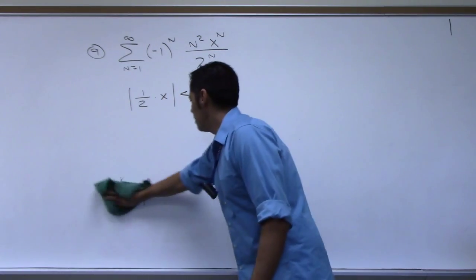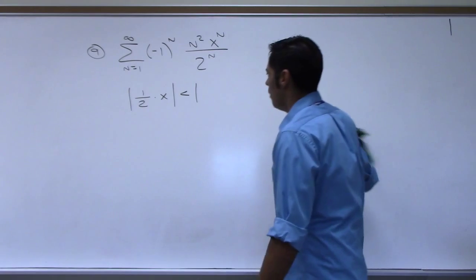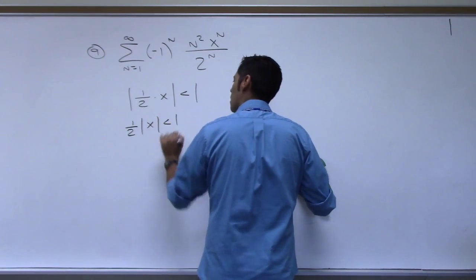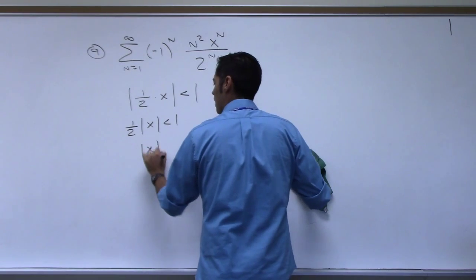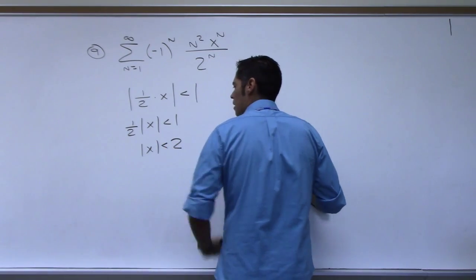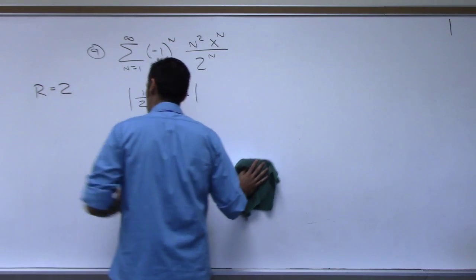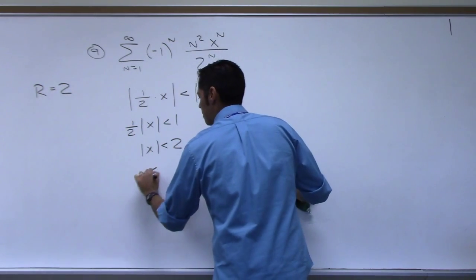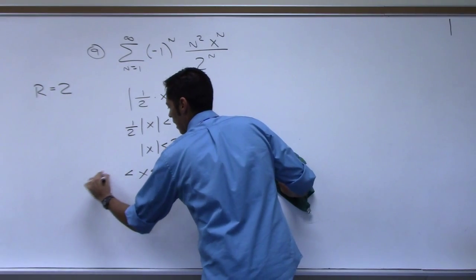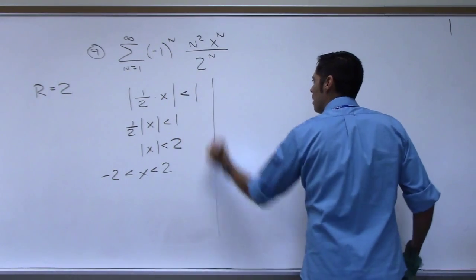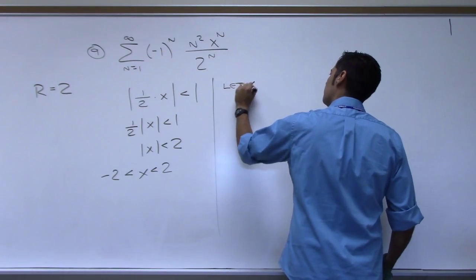And very similar to the previous problem, I'm going to bring the 1/2 out of the absolute value, and then I'm going to multiply both sides by 2. So my radius of convergence is 2, and this means that x must be less than 2 and greater than negative 2. So I need to check 2 endpoints. I need to first let x be 2.